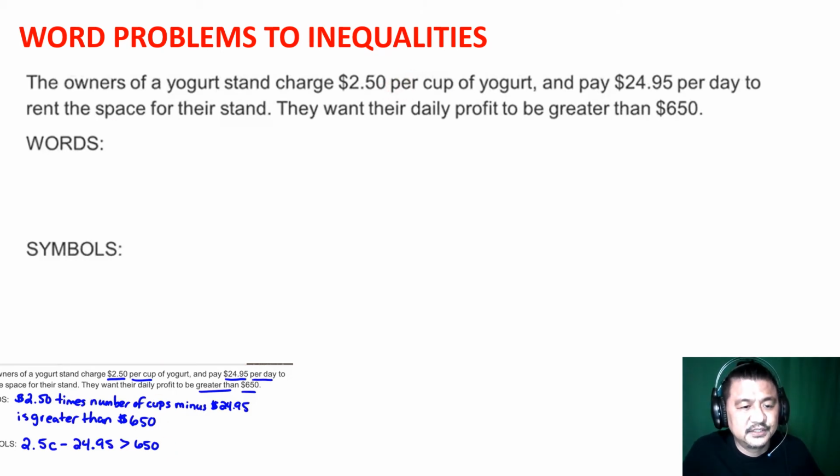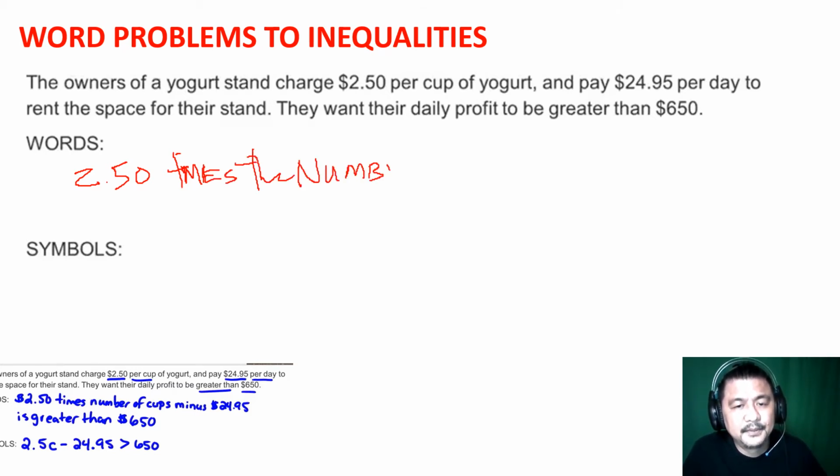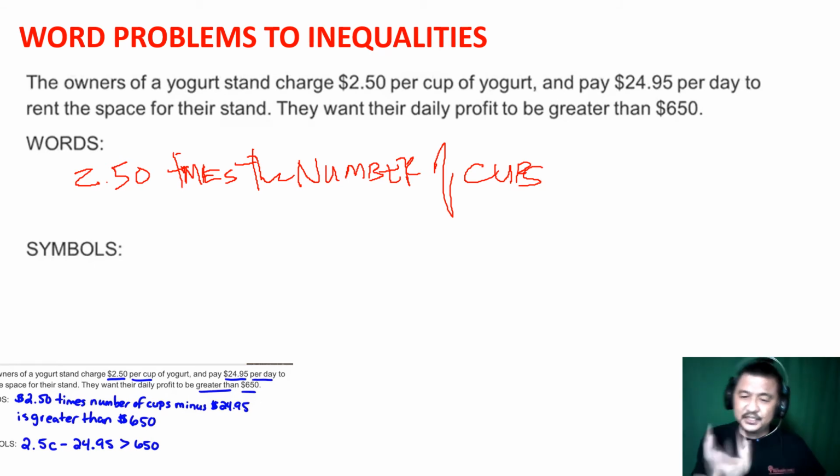Okay. So first, $2.50 times, you could write times what? The number of cups. That's the profit you're gonna make, right? If you sell a certain number of cups, multiply it by $2.50. But guess what? You still need to pay something. Is that a profit if you remove the money? No, if you remove the money, it is a minus.